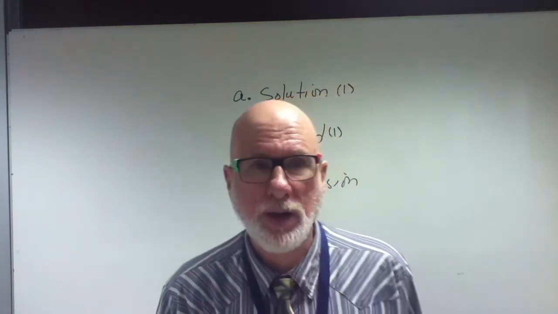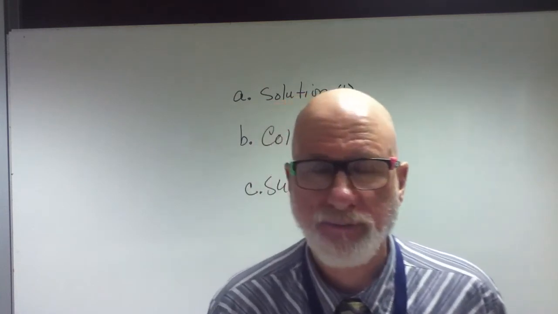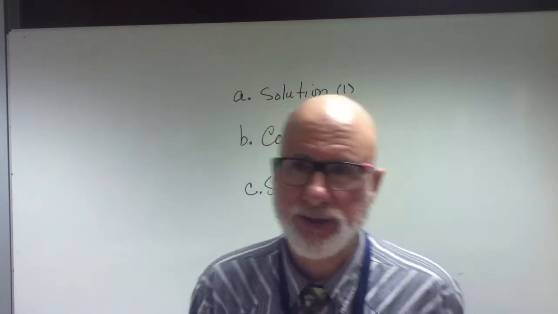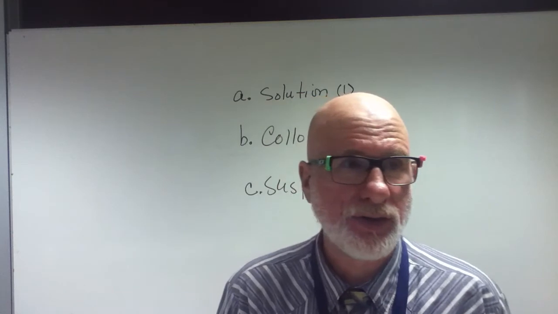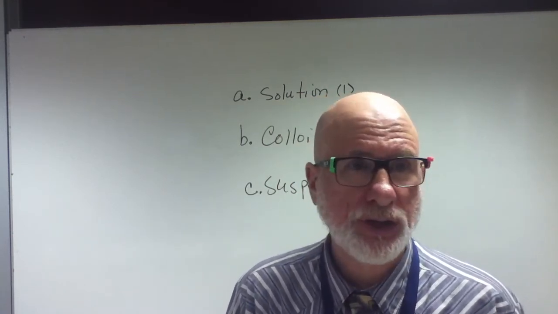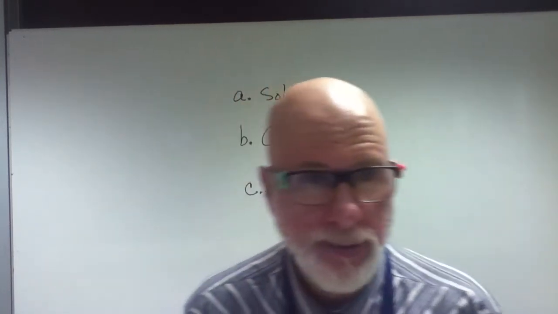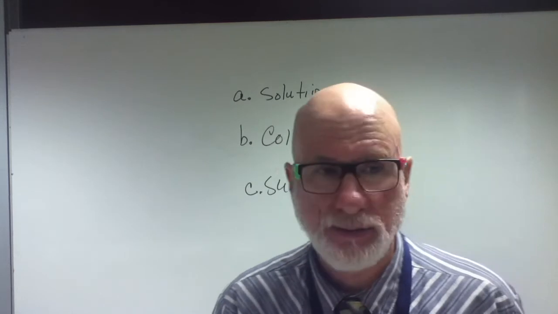Heterogeneous mixture. Which ones are heterogeneous in nature? In other words, there's two phases. You can identify literally two things in there. A, B, or C, or solution, colloid. Anybody want to help out? Where's my answer crew here?